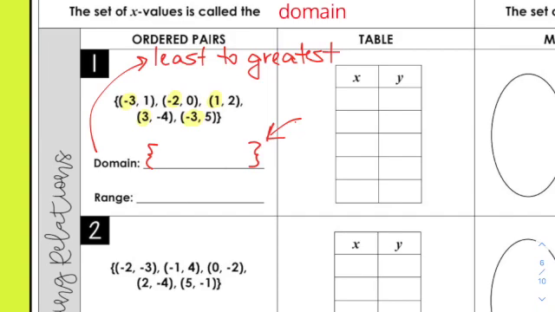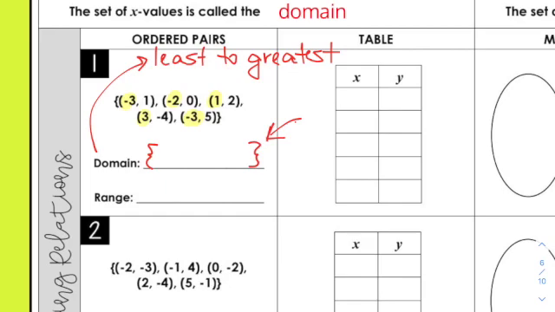Not only that, but the domain represents all of the x values the function contains. So notice that in this relation over here, I have a negative 3 and a negative 3. I don't have to repeat the negative 3, because if I'm asking you for the domain, I'm asking you which values of x are included in this relation.